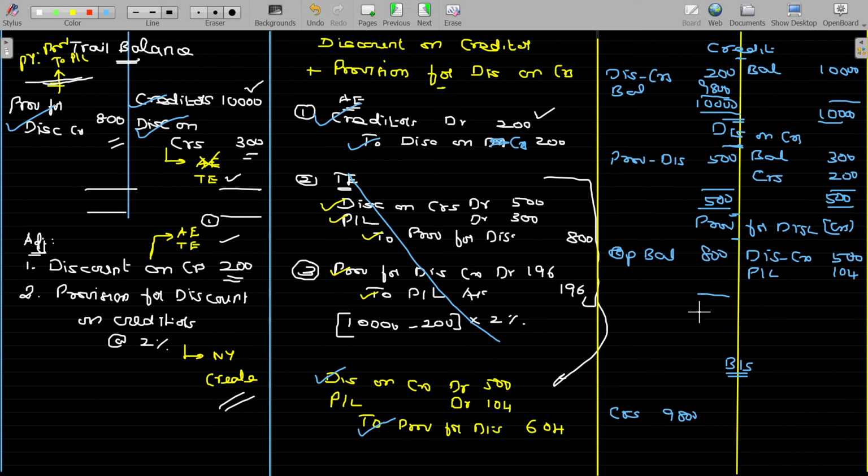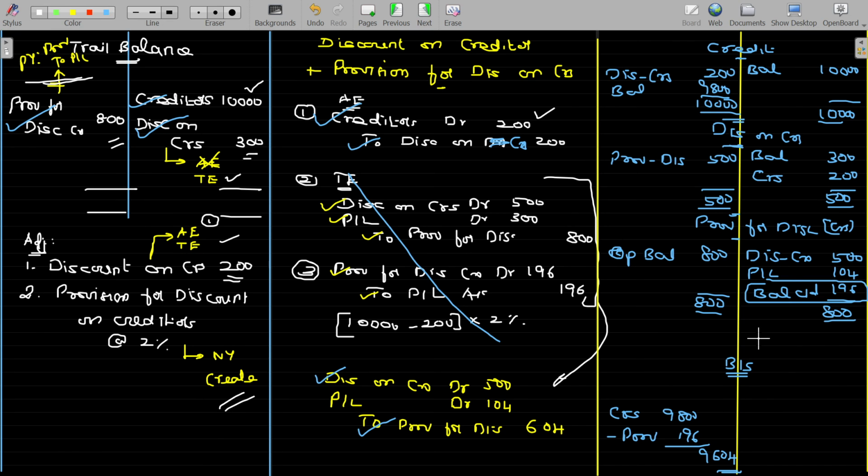If I tally this, 800 rupees, 800 rupees, I'll get the balance carried down being 196. Remember, this is not a nominal account. Definitely it will have the balance, which will be transferred to the balance sheet. As this is the credit balance, it should be posted in the liability side, or you can subtract it from the creditors account. So the provision account value being 196. The ultimate value being 9,604.